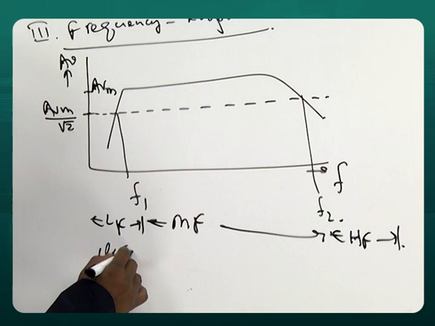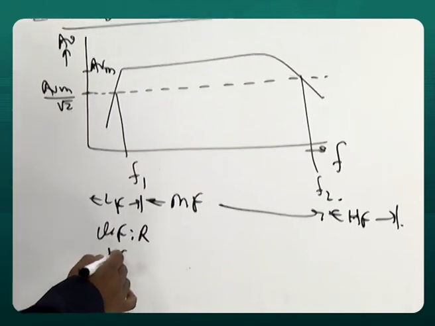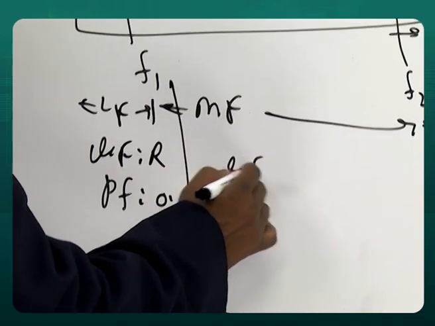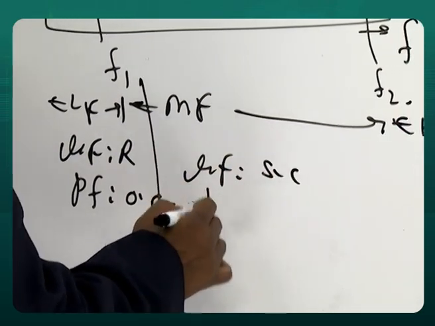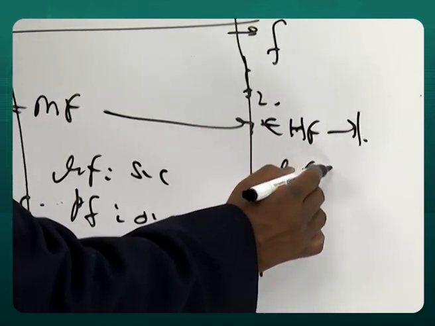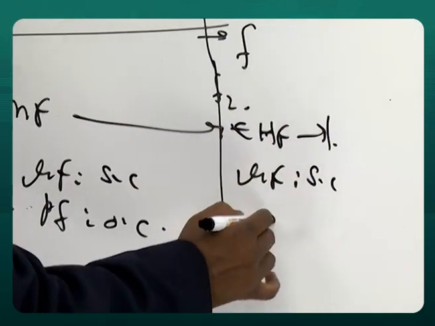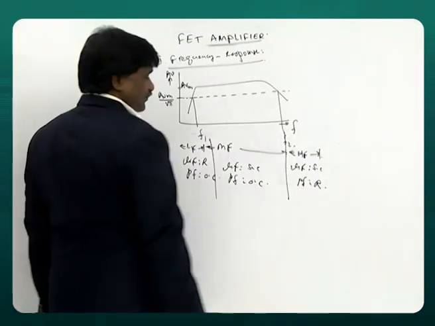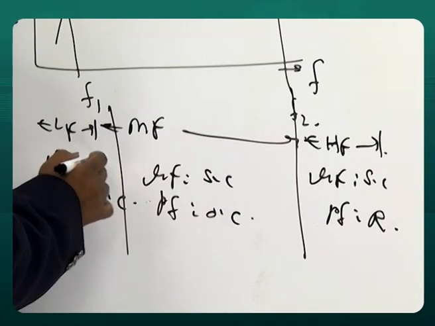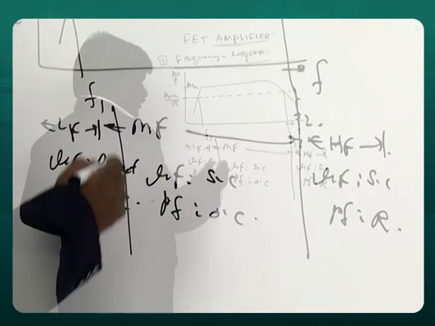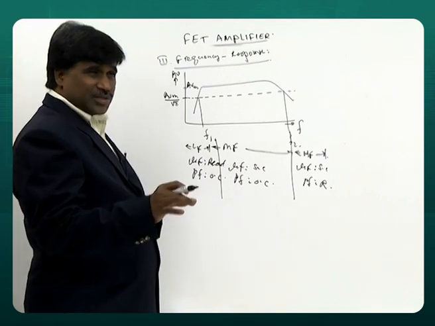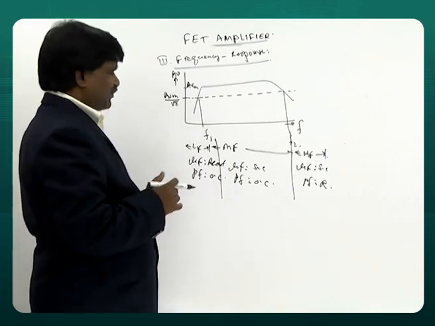Here microfarad is reacting, picofarad is open. In this region microfarad is short circuit, picofarad is reacting. The whole idea is that here one of them is reacting. The word reactance is also a very interesting word. It reacts to what? It reacts to frequency.